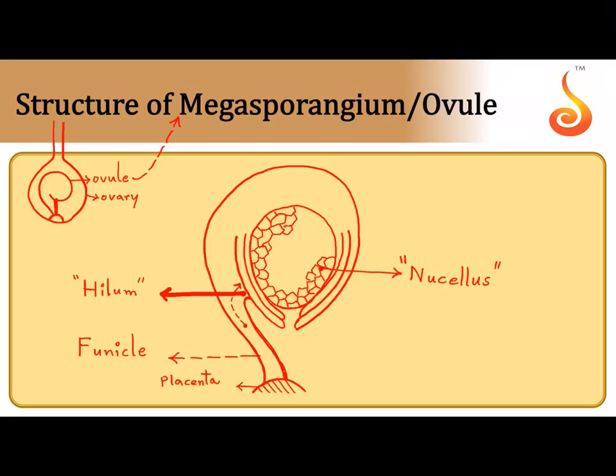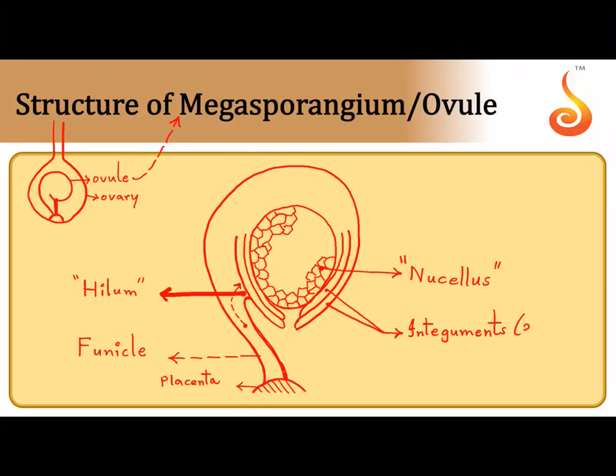Now, can you see two coverings which are surrounding the nucellus, which envelope the nucellus? You can see an outer covering here and you can see an inner covering here. Now, these two layers which encircle the nucellus, these two protective coverings are referred to as integuments. And how many layers are there?